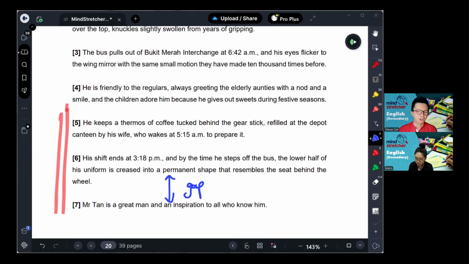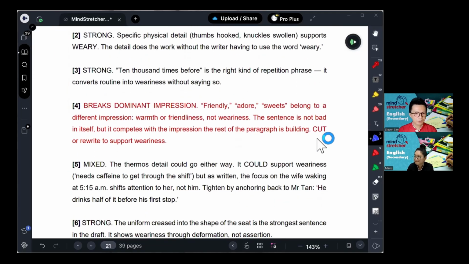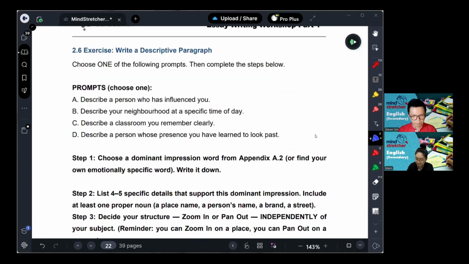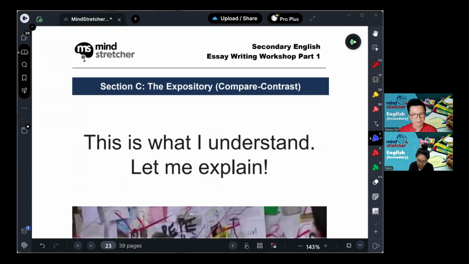I can't actually see the link between what he does and then this overall general statement where you say that he is a great man and an inspiration. I can't see it. So good writing will actually show this. Good writing will actually show this. Okay. So these are some exercises that you can do.